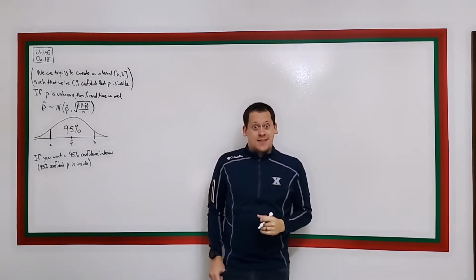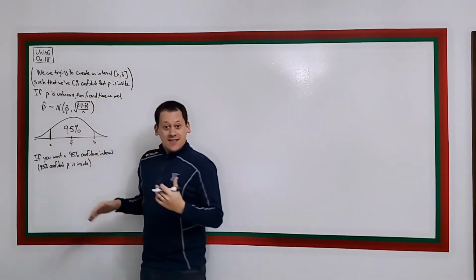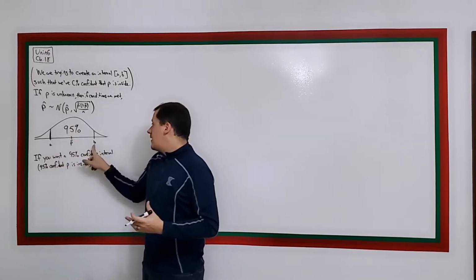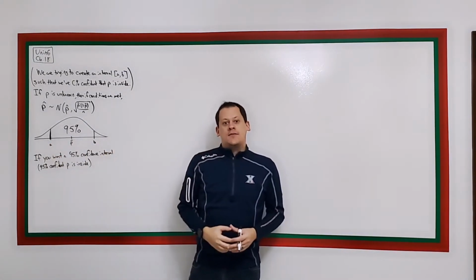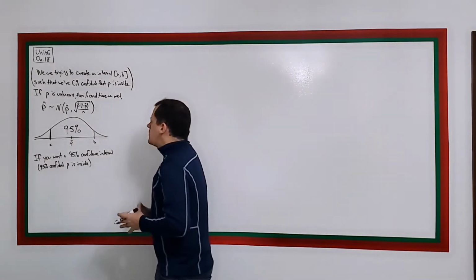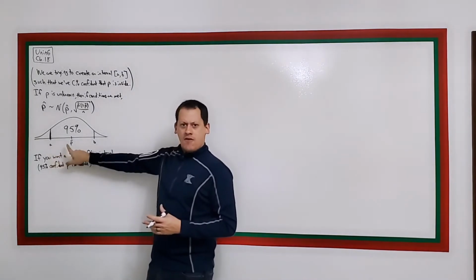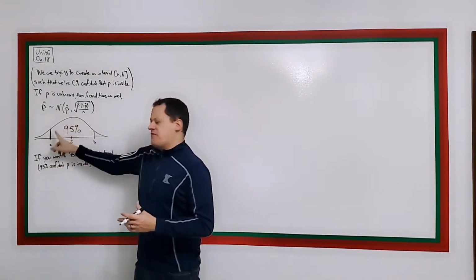That's what that means, right? Because that means that 95% of the time, P is going to be in this interval. Only 5% of the time would it be outside. Okay, so we know that A is just as far away from P hat as B is, and we know that this area is 95%.